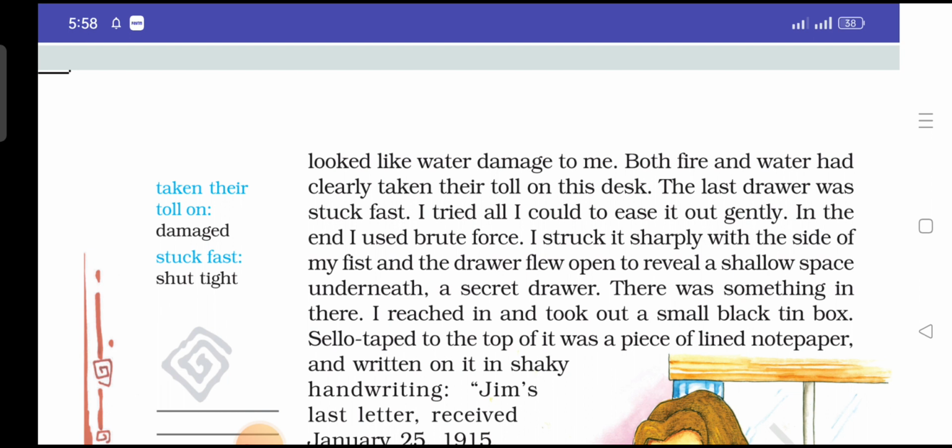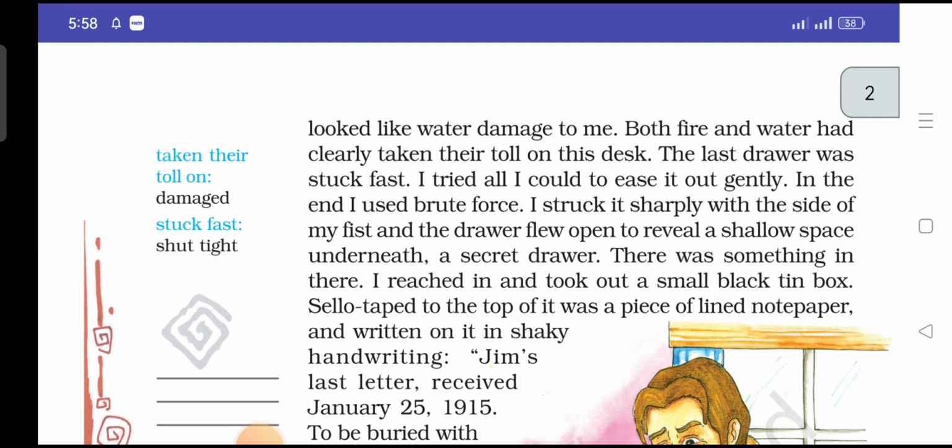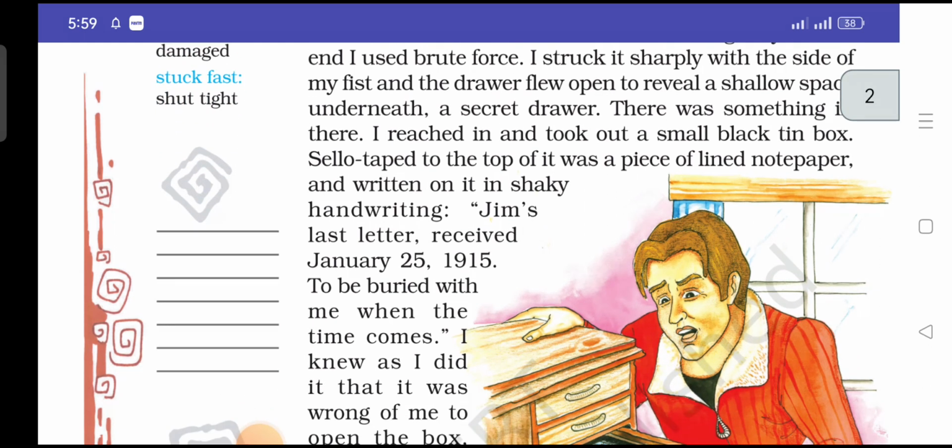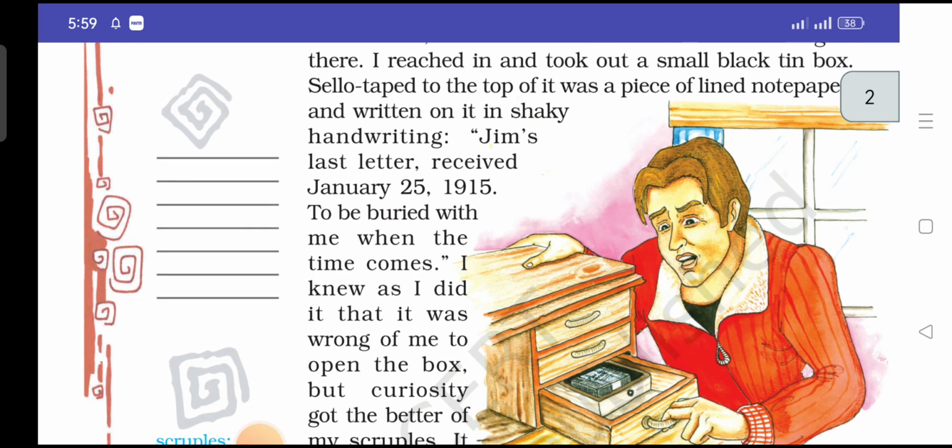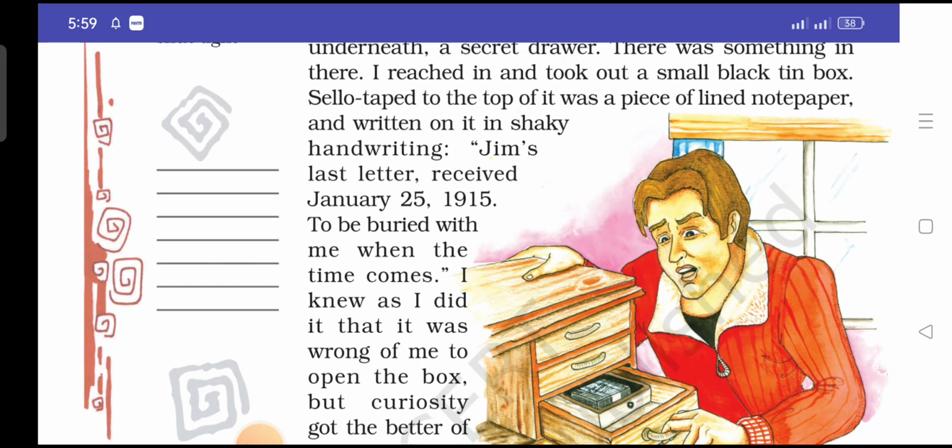Cello taped to the top of it was a piece of lined note paper. एक note paper चिपका हुआ था, cello tape भी उसके ऊपर लगाया था. And written in shaky handwriting: Jim's last letter, received January 25, 1915. James is a person who is writing this letter, I may say that. And received means the receiver has received this letter on 25 January 1915. And now to be buried with me when the time comes.